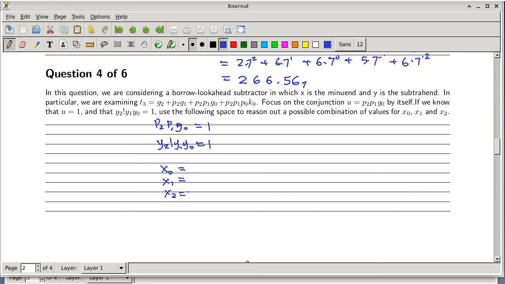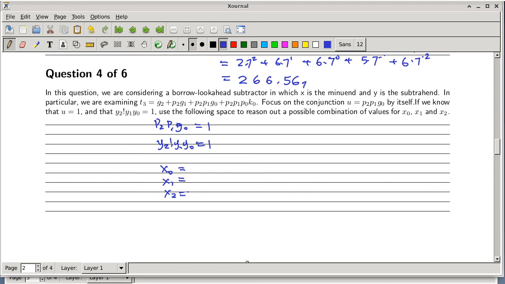Well, first of all, where do we start? Definitions. How are the P terms defined? This is for a subtraction, so make sure that you understand this is a subtractor. So in the subtractor, how is Pi defined?